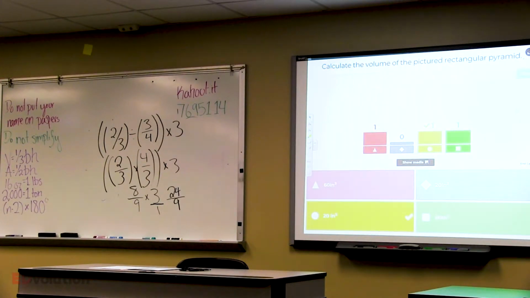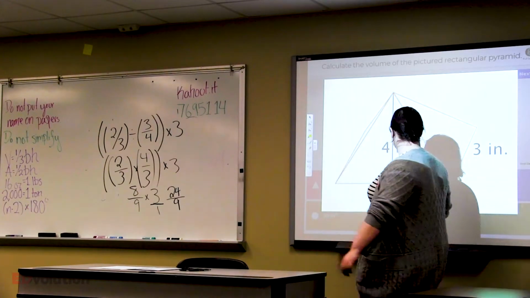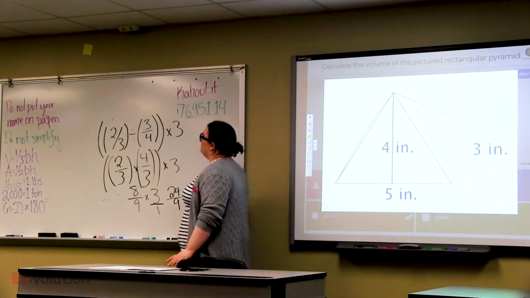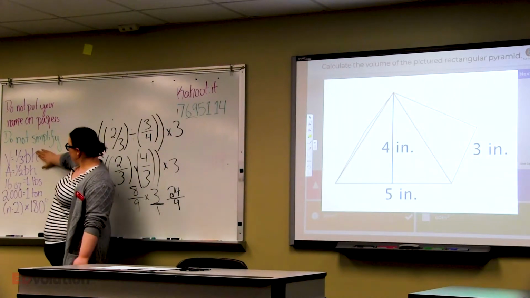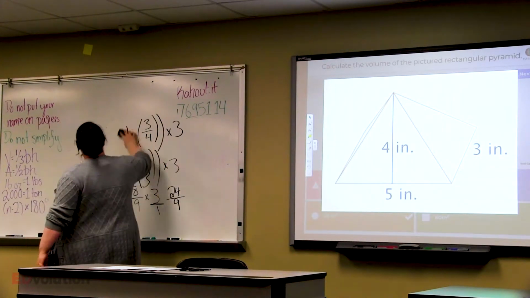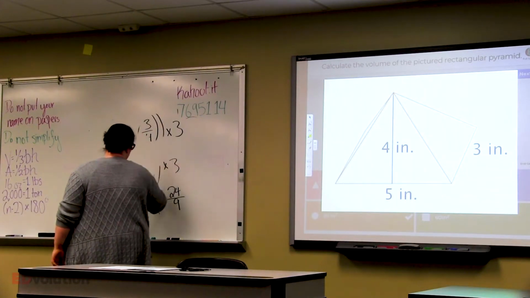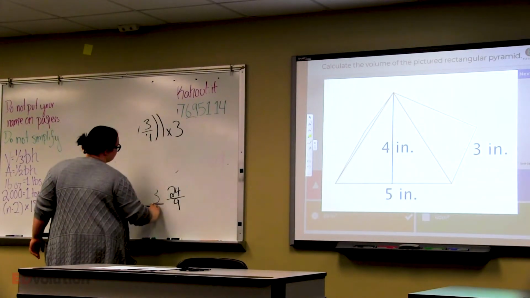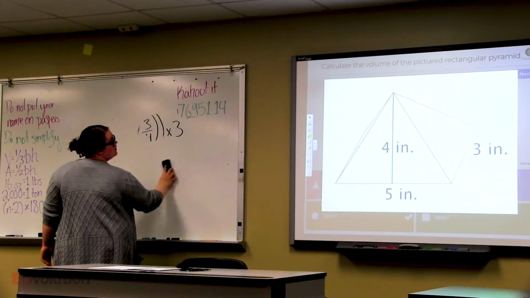All right. So this is why I included this lovely formula right here. Volume equals 1/3 times the base times the height.